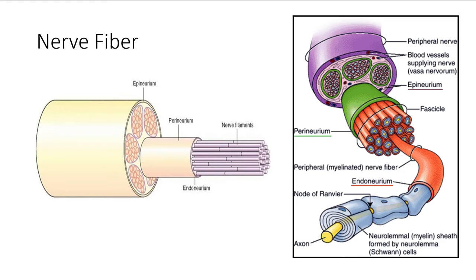Now this figure is very important for you to memorize, basically because of the connective tissues that cover the nerve cells, as well as the complete bundle of the nerve fibers. This purple part represents the peripheral nerve, which is a combination of fascicles.